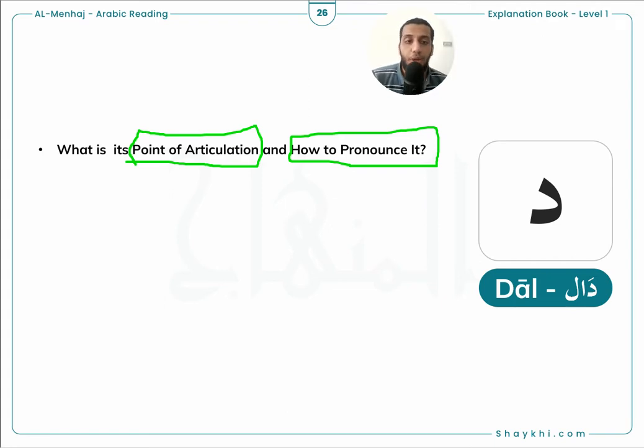Let's draw this. Imagine that the mouth is here, and this is the tongue. We said that the tongue is divided into 3 parts.